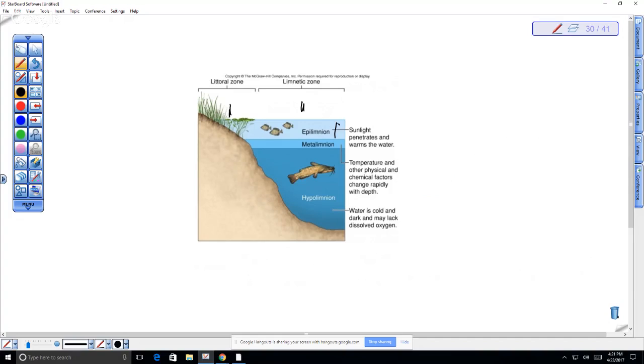And then as we move down, the water becomes more cold, so we start to see a thermocline. And then we could also say that there's a lack of dissolved oxygen because there's not a lot of mixing with the air at the surface. And so this would be, for example, a catfish, which is a bottom dweller, bottom feeder. But all the organisms that are photosynthetic would be up here where light can actually penetrate.